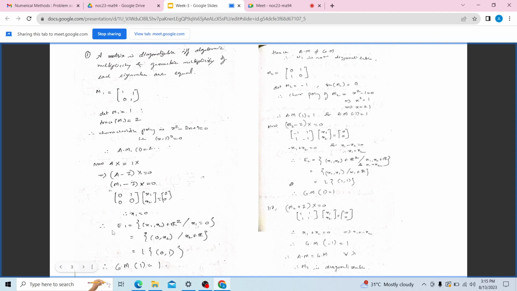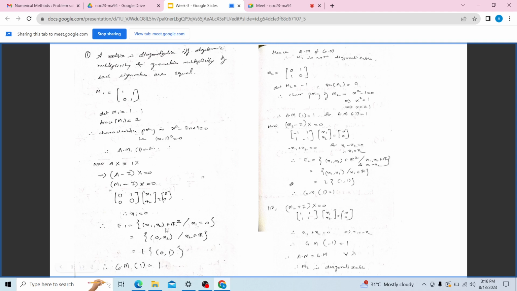Now for calculating its geometric multiplicity, we calculate E1, given by the set of (x1, x2) belonging to R2 such that x1 equals 0. So for calculating the eigenvector, we considered this set where x1 equals 0.